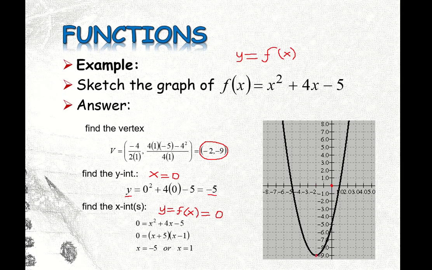So the coordinates of this vertex is negative 2 and negative 9. I'll just put it down here: negative 2 and negative 9. Okay, so this is negative 9, sorry.